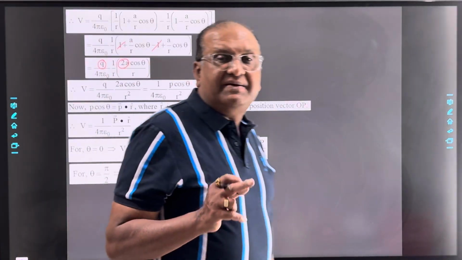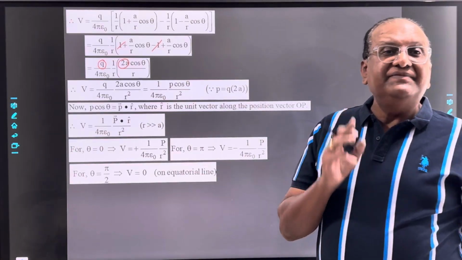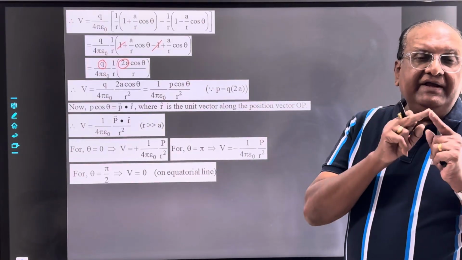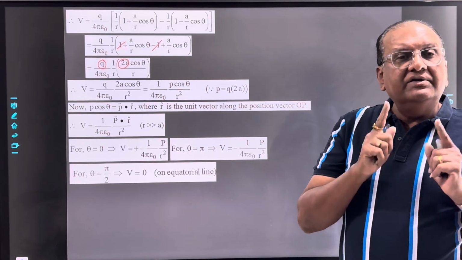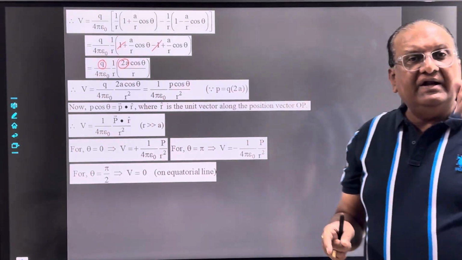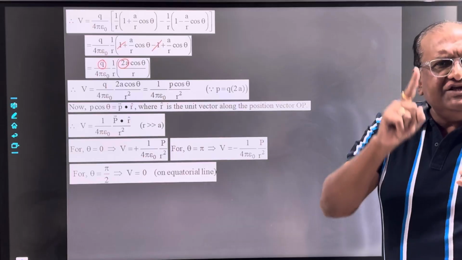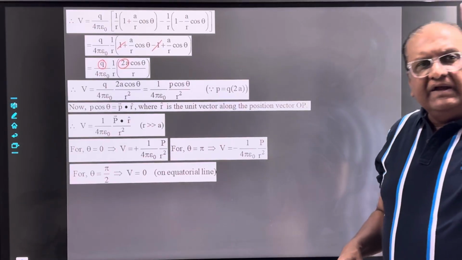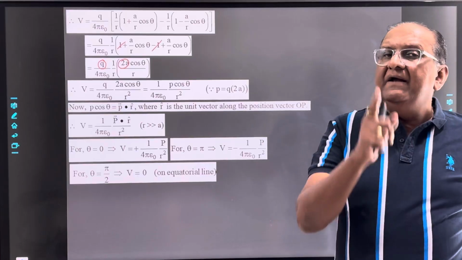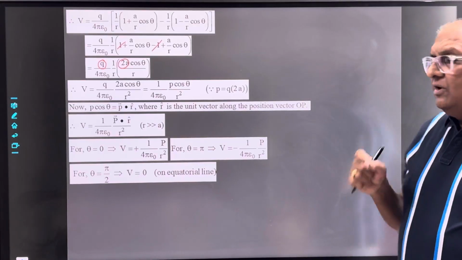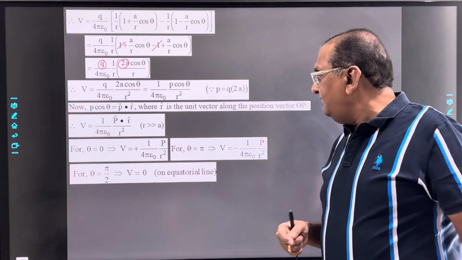Theta equal to pi by 2 is the point on the equatorial line. So on the equatorial line of an electric dipole, at each and every point the electric potential will be equal to 0. Remember this, it is very useful for problem solving and MCQ solving.